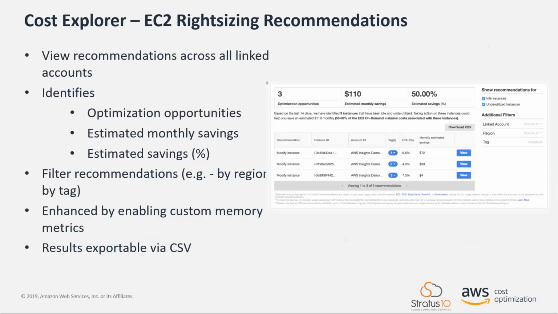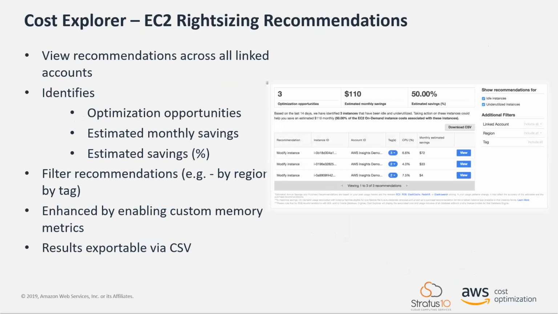Okay. There was a feature recently introduced within Cost Explorer called EC2 right sizing recommendations. Once enabled, the recommendation tool provides optimization opportunities for EC2 instances across all your linked accounts, including estimated monthly savings.